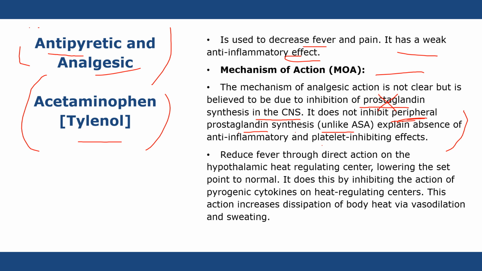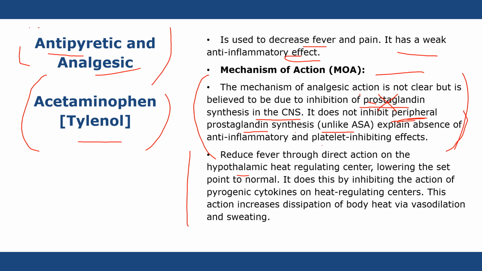So remember, for pain, you are going to decrease or inhibit prostaglandin in the central nervous system. Now for the fever, it will decrease the fever through direct action on the hypothalamus. Remember, the hypothalamus is where we have what we call the heat regulating center. So we will lower the set point of the heat to normal, if you will.